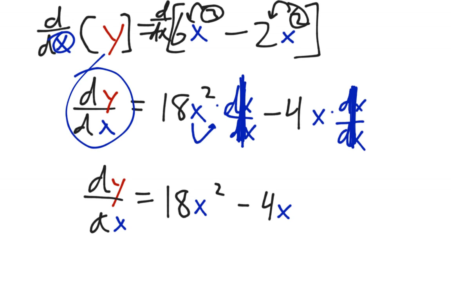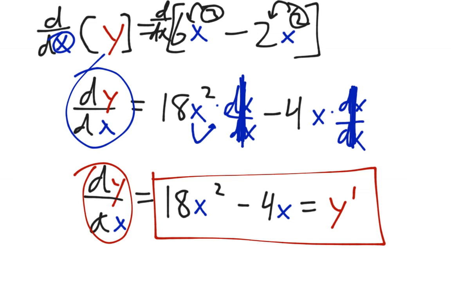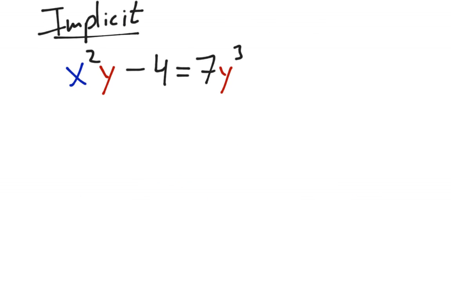Just like that. And another way we can write this, just to be a little bit quicker, instead of saying this whole thing, we can simply say y prime. And so that's an explicit derivative. We just use our same boring rules and we get a derivative. Hooray.